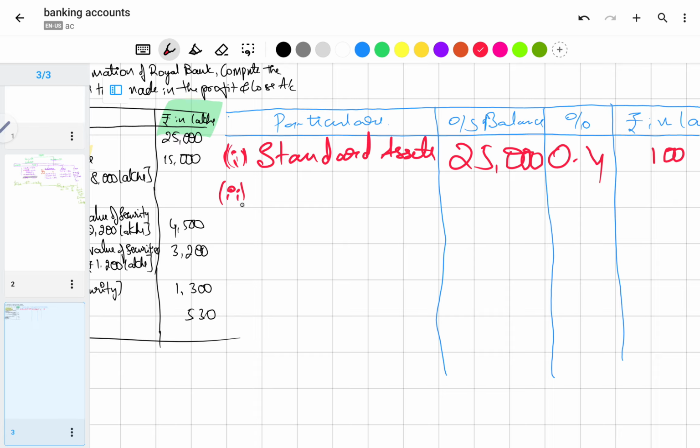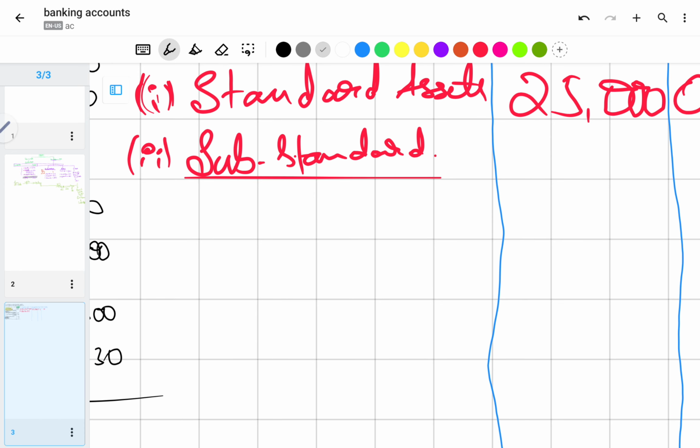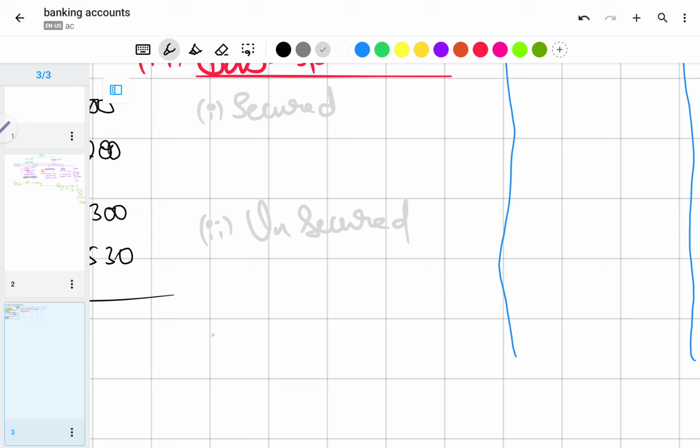Second part, substandard. Under substandard we have three kinds of classification. The first one is secured, then we have unsecured, then we have escrow account.